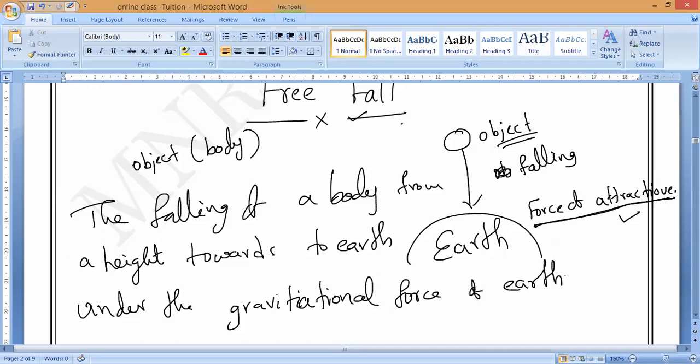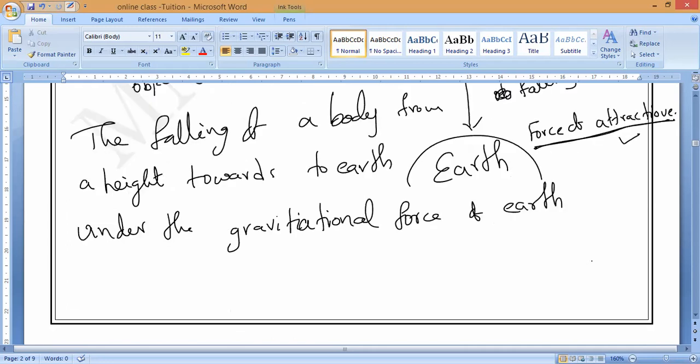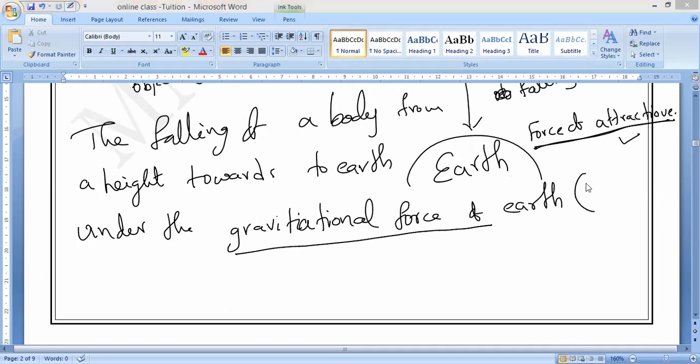And remember one more thing: air friction should not be there. Only gravitational force should act; no other force, air should also not be present. Why am I saying this? Suppose one big stone and one small stone are dropped from a certain height.